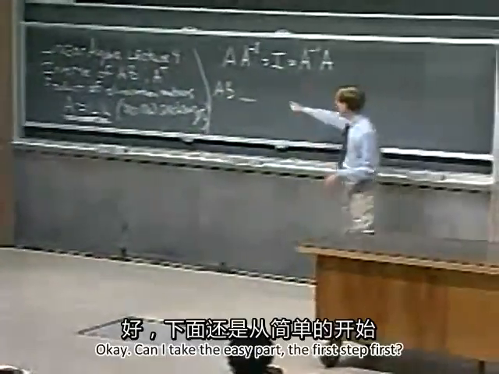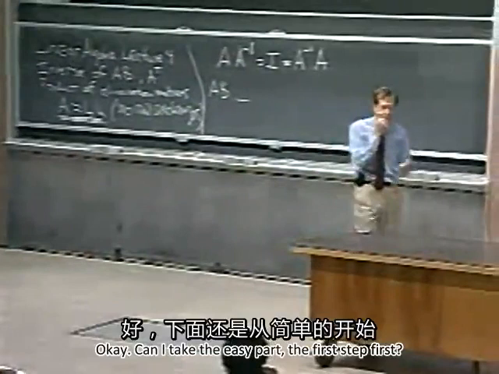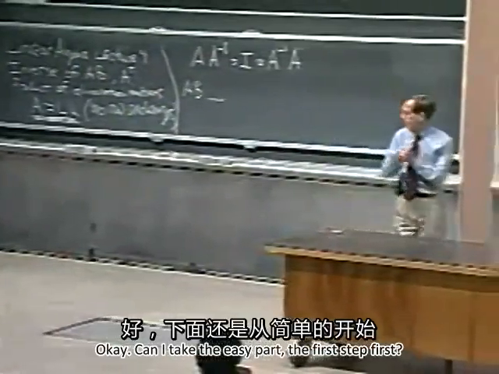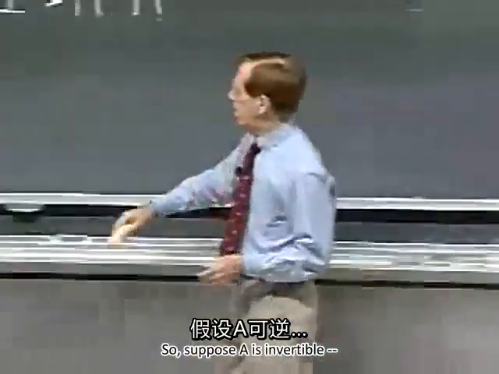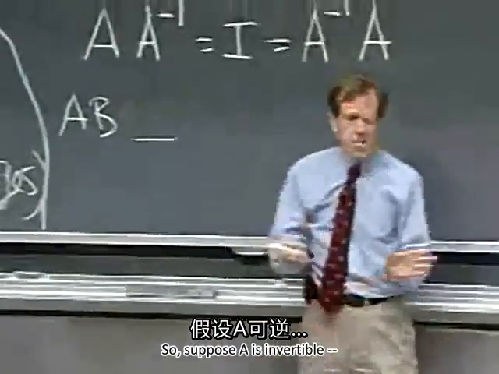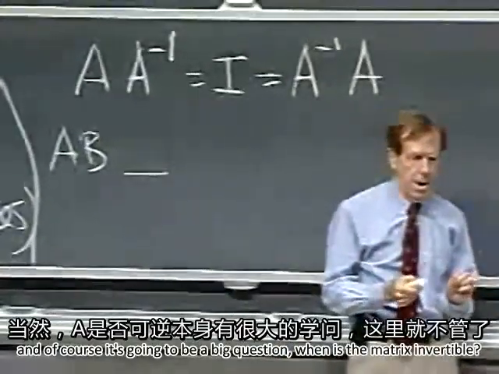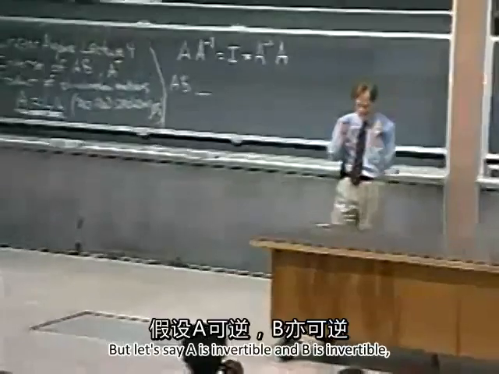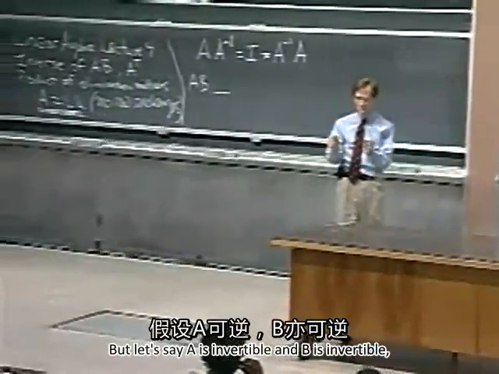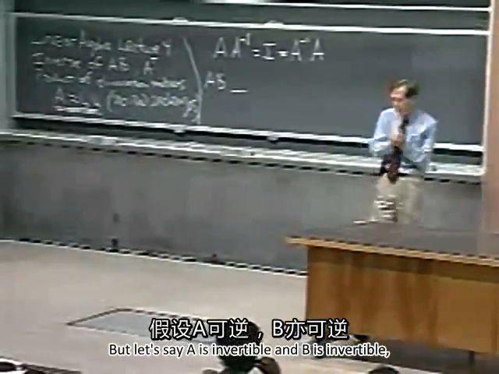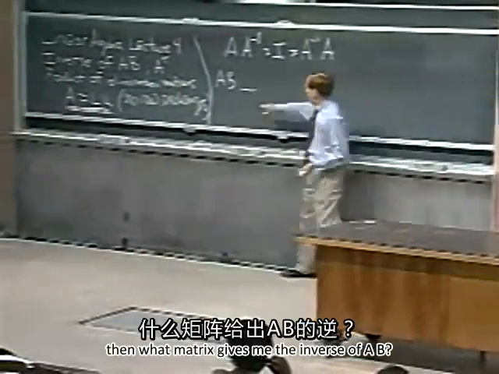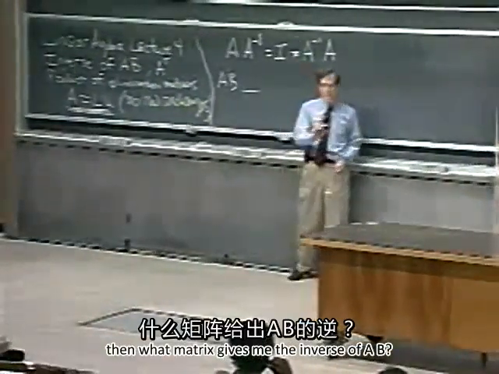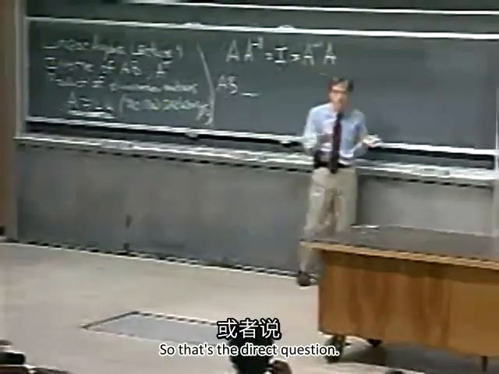Okay, can I take the easy part, the first step first? So, suppose A is invertible, and of course it's going to be a big question, when is the matrix invertible? But let's say A is invertible and B is invertible, then what matrix gives me the inverse of AB? So that's the direct question.